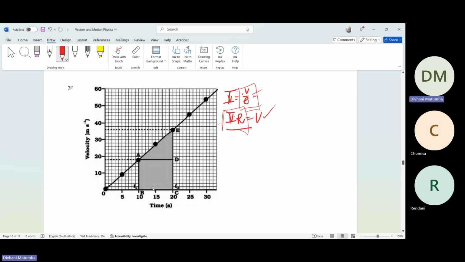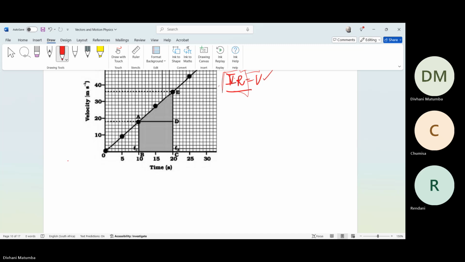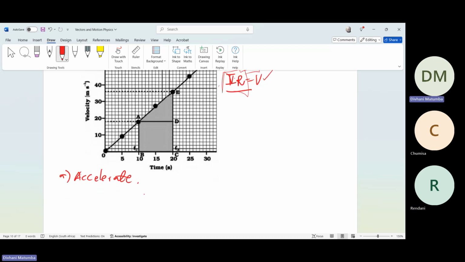So you have a velocity time graph. Rendani, what was the first question? Calculate acceleration. Yes. Acceleration a is equal to change in velocity divided by change in time.